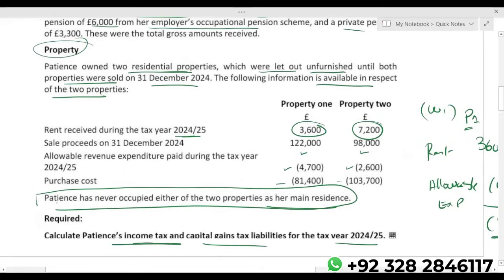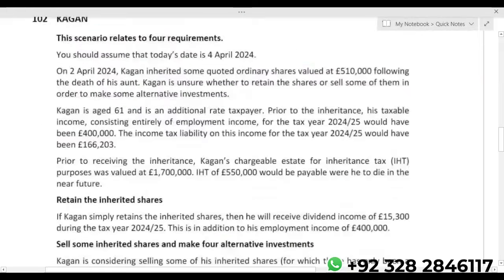But property 2 is sold for 98,000 and it was bought for 1,03,700. There's a capital loss on property 2. In the current year, if you are having capital gain as well as capital loss, the current year capital loss is deducted against the current year capital gain. Then against whatever net capital gain comes, you will get annual exempt amount of 3,000.